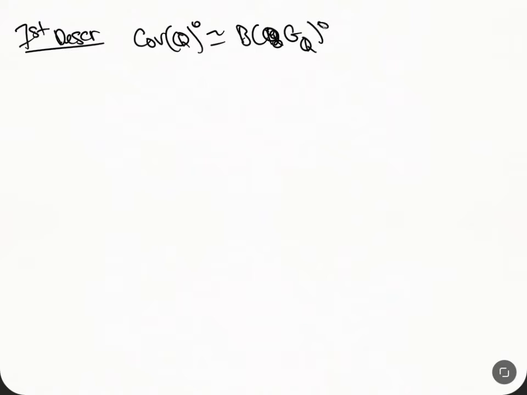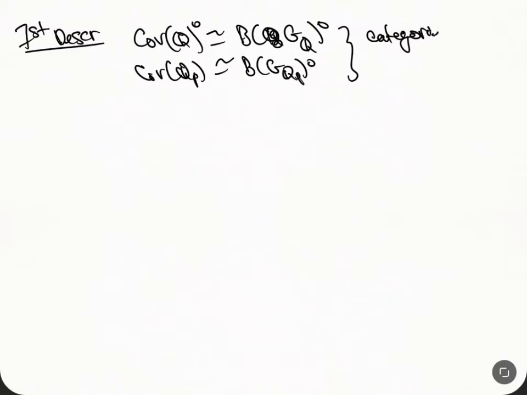So this is one of the viewpoints he has. Same thing with Q_p. So we have finite G_p-sets here. So these two are categories of connected G-sets.